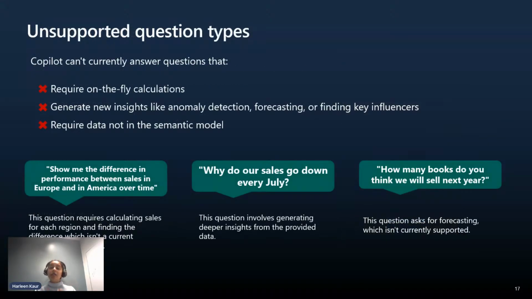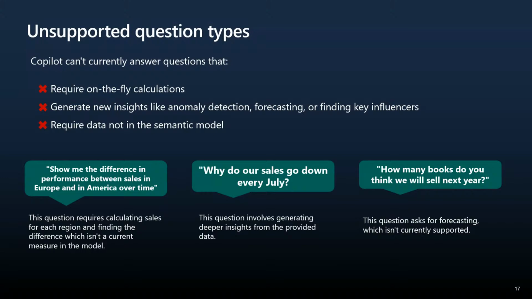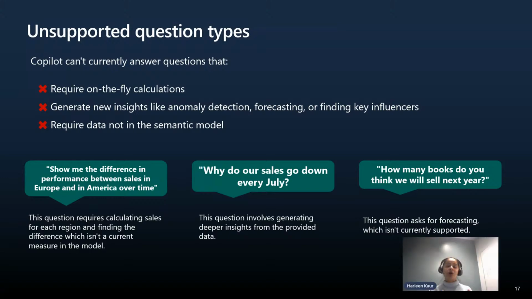What are the unsupported question types? As I mentioned previously, Copilot does not answer questions that require on-the-fly calculations, that is, if there isn't any existing measure for that calculation in the model. It will not answer questions that need generating new insights like anomaly detection, forecasting, or key trends.